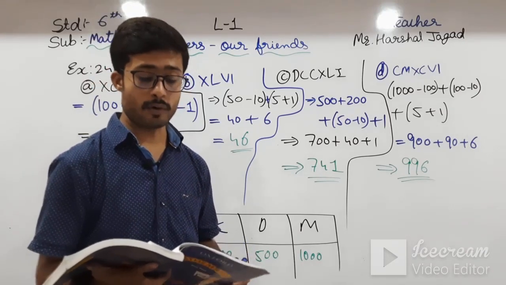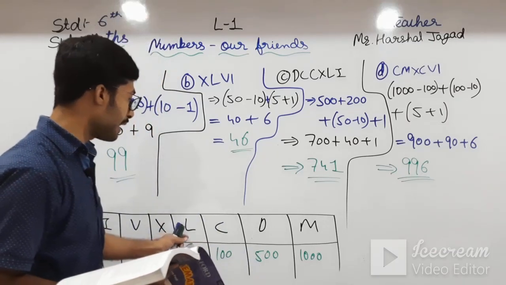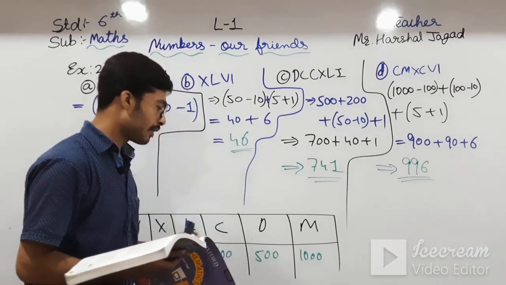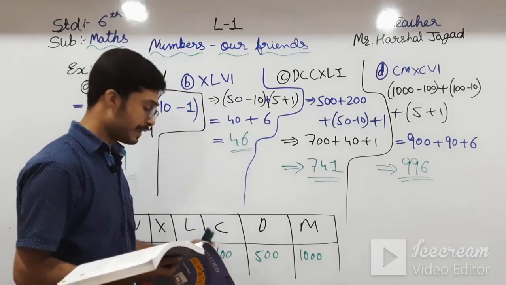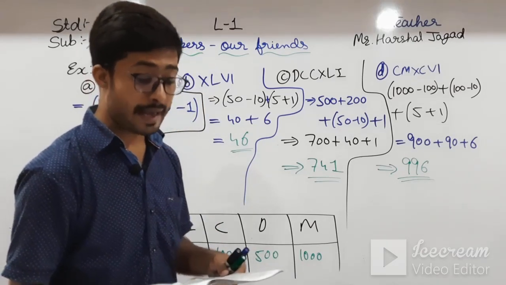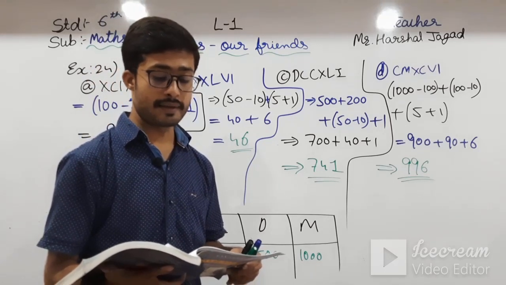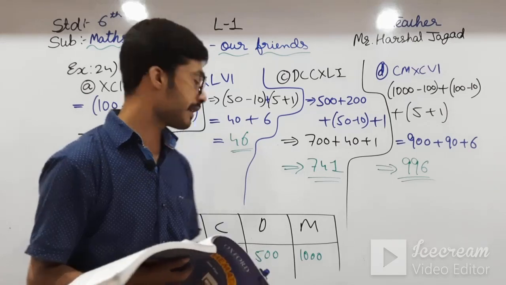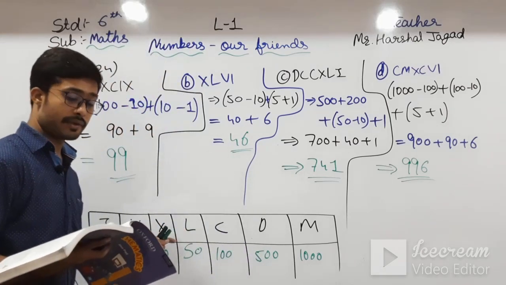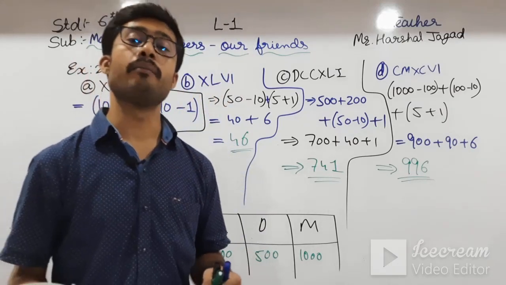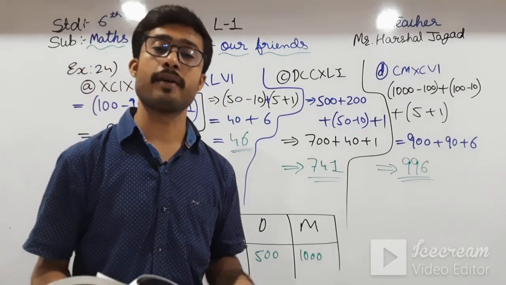Here it is subtracted from M, so it is meaningless. XXLL: the symbol L can never be repeated, but here it is 2 times, so it is meaningless. So we have completed example number 25.